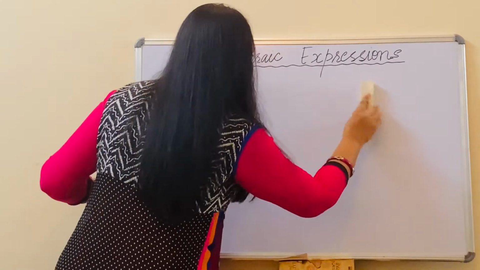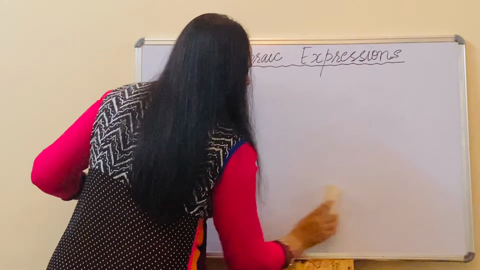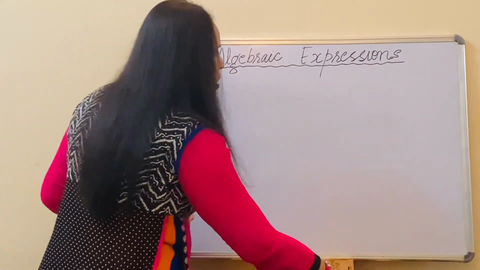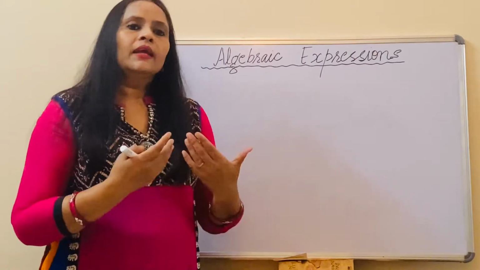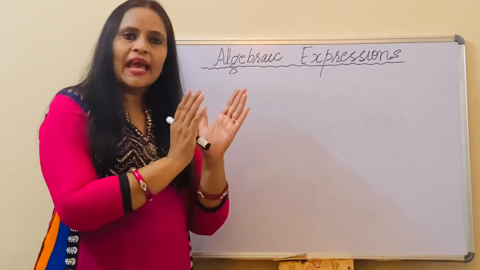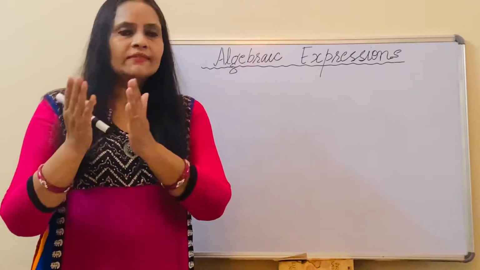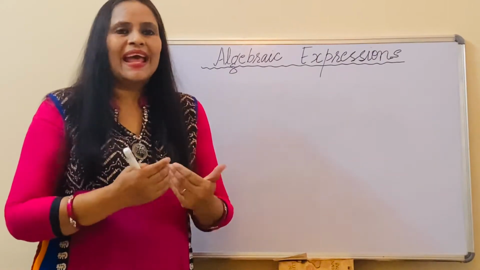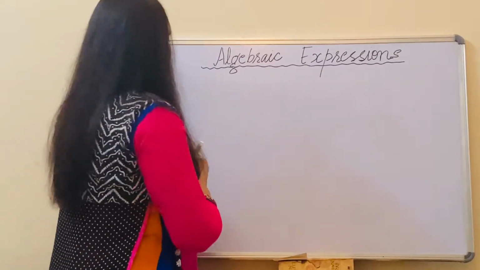Now another thing I am going to tell you is about equations. If there is an algebraic equation, how can we take out the solution for that equation? If we have calculated the value of the variable that satisfies the equation, it is known as the solution to the equation.